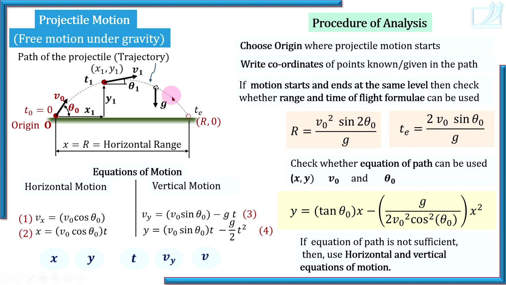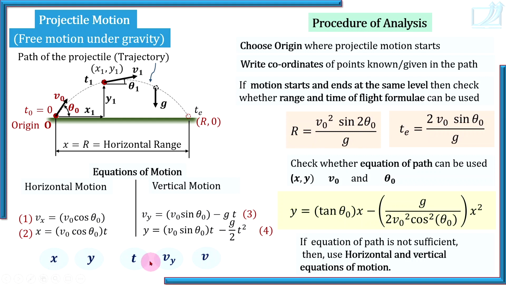Direction of velocity means direction of motion. Direction of motion continuously changes, that is, the angle theta made by velocity with horizontal. How do you find theta? Tan theta is equal to Vy by Vx. So, Vx is constant but Vy is not, and therefore theta continuously changes.